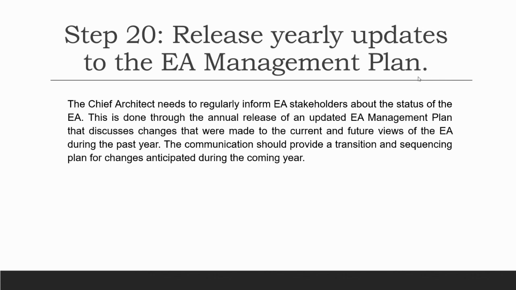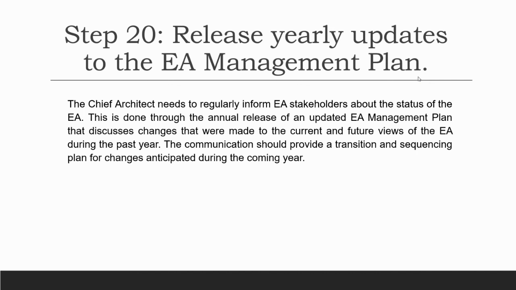This is accomplished by the yearly publication of an updated EA management plan, which explains changes made to the EA present and future perspective throughout the previous year. The message should include a transition and sequencing strategy for the changes that are expected in the future year, of course.